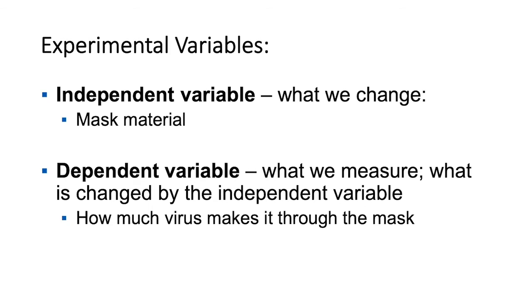The dependent variable is the thing that depends on the independent variable, so it changes as a result of the independent variable changing. You can think of it as the thing that we're measuring. If the independent variable is the thickness of the mask, we think that how much virus makes it through the mask depends on the thickness of the mask material. So that is our dependent variable.